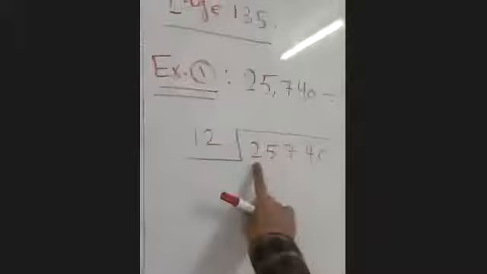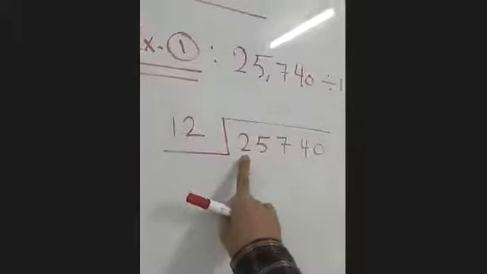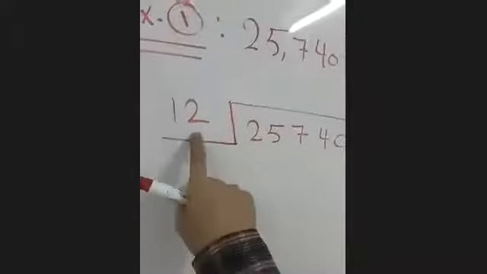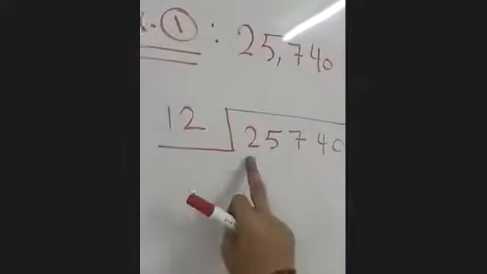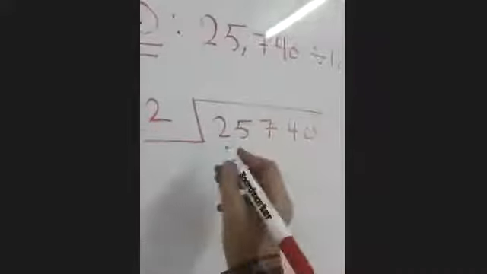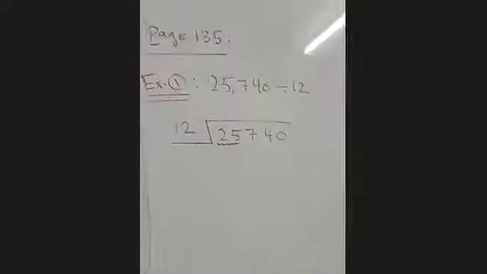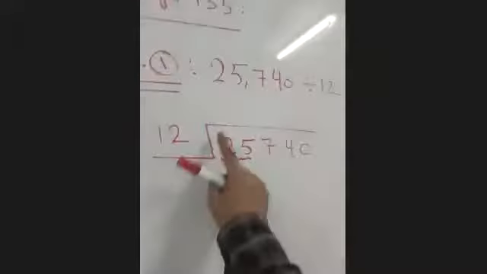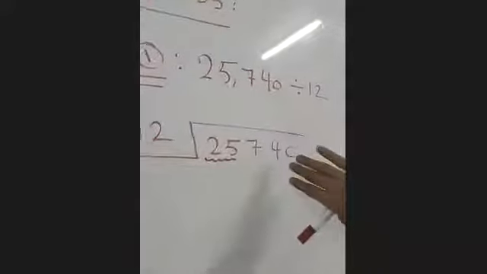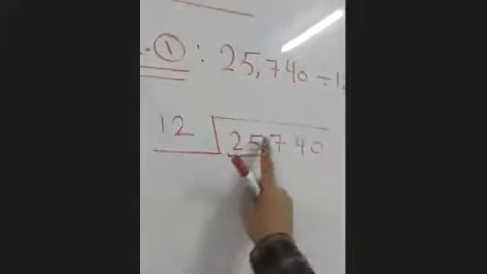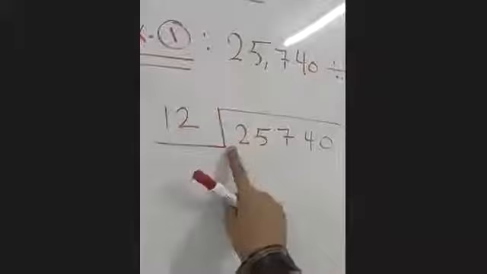We start, guys, with the first number here, 2. Now, 2 is less than 12, so 2 cannot be divided by 12. If this number is less than this number, we take the first two numbers together, which is 25. Forget the 7 and the 4 and the 0. We are working only on 25. Do not choose this.